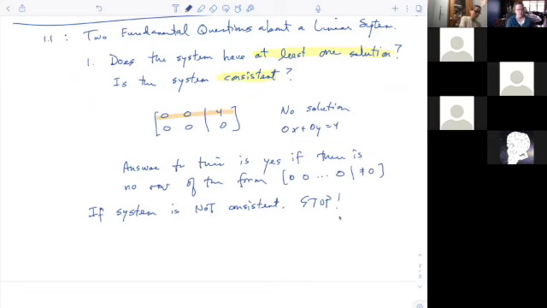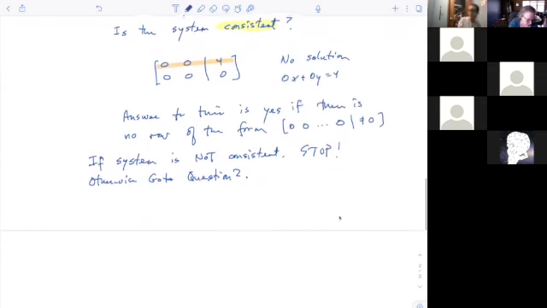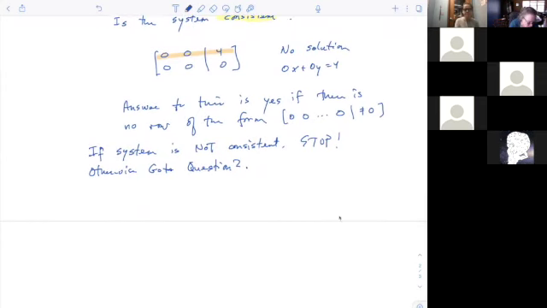How many solutions, or what are the solutions? There are none. Otherwise, go to question 2.